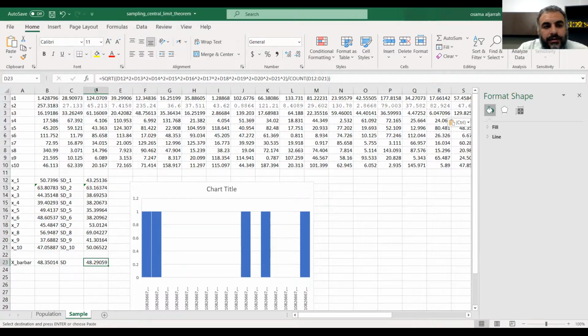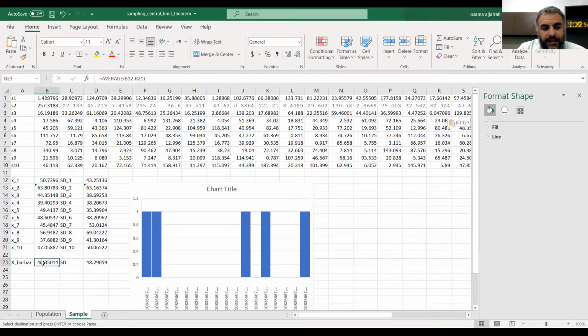Okay, so the formula will be the first one squared plus the second one up to the 10th sample, divided by, so we have 10, divided by 10, then we take the square root, then we will have what's called the central limit theorem sample for us.